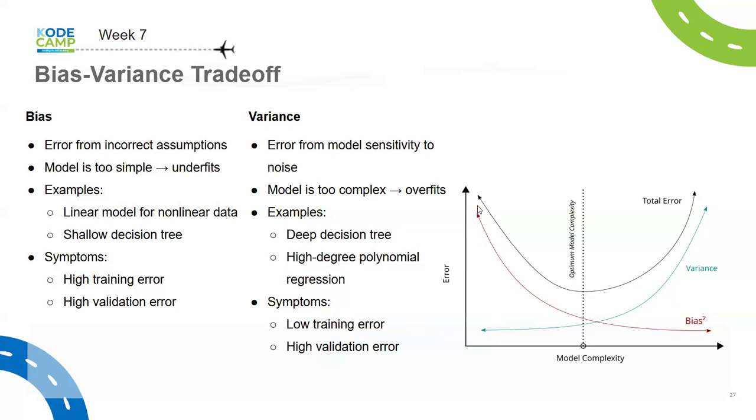Okay. So between these two extremes of a very simple model and a very complex model, you will find a model that has the right level of parameters, the right level of complexity that will give you the best performance.